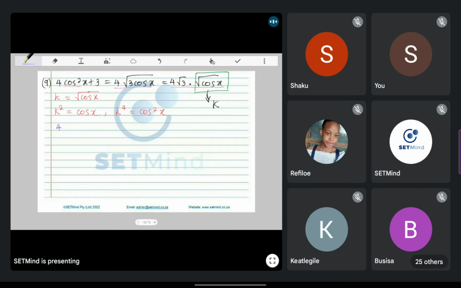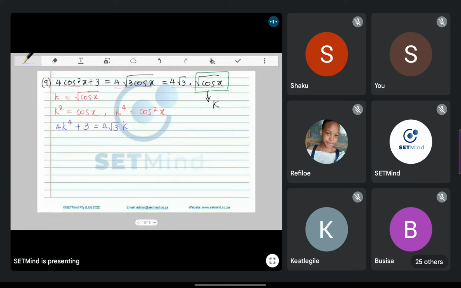I have k to the 4 plus 3, and I have 4 square root 3 times k. This is not going to be nice.